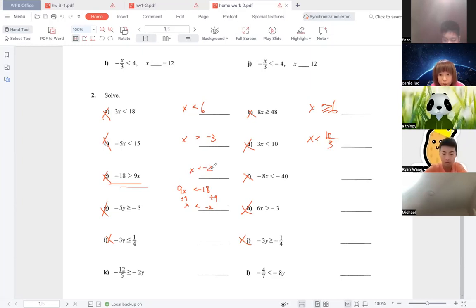Yeah. Okay, so number F, negative 8x is smaller than -40. Positive x is smaller than +5.